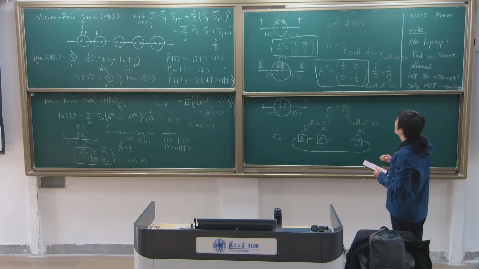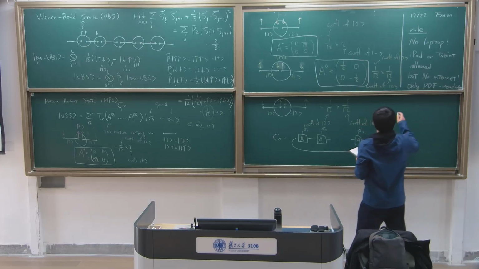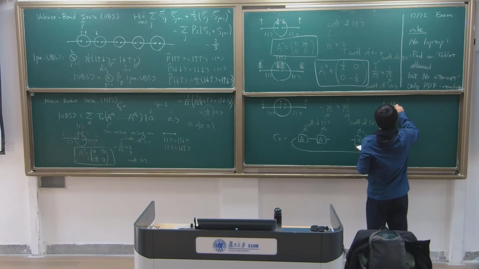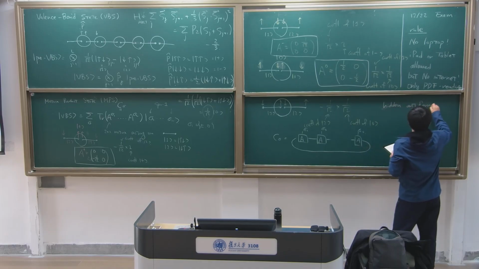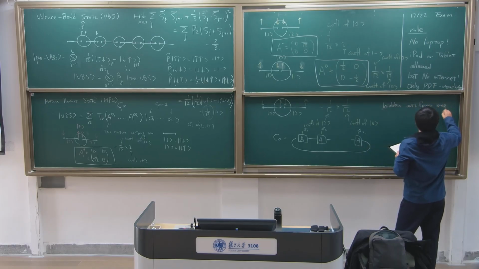Okay, and then you can easily see the anti-ferromagnetic magnetic order.